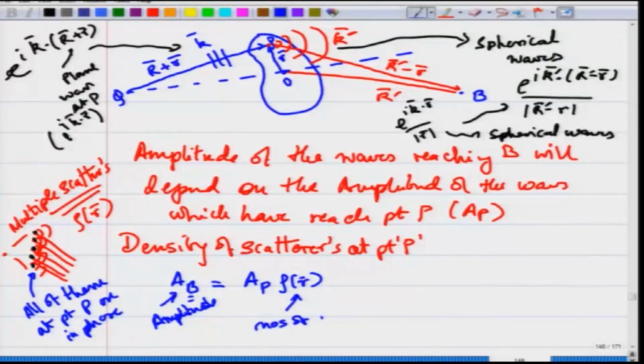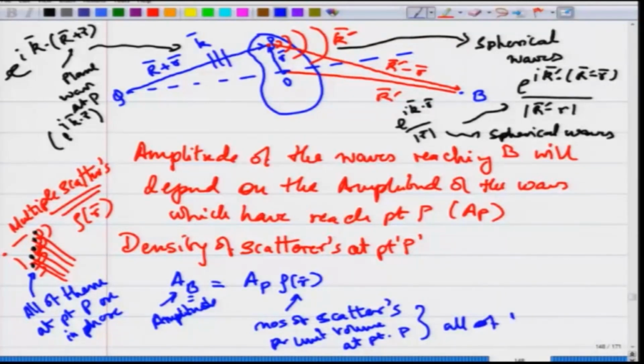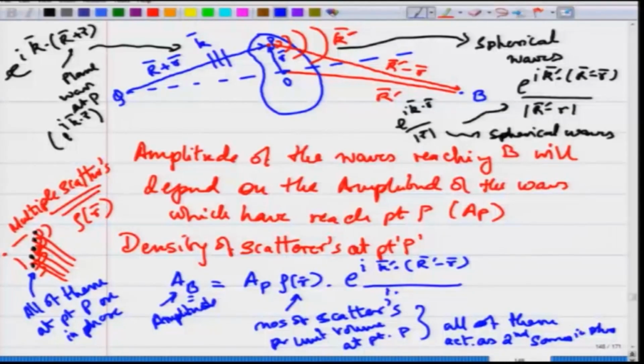This is the number of scatterers per unit volume at point P, because all of them act as secondary sources in phase into the spherical wave front, which is of the form e raised to i k prime dot (r prime minus r) divided by the magnitude of r prime minus r.